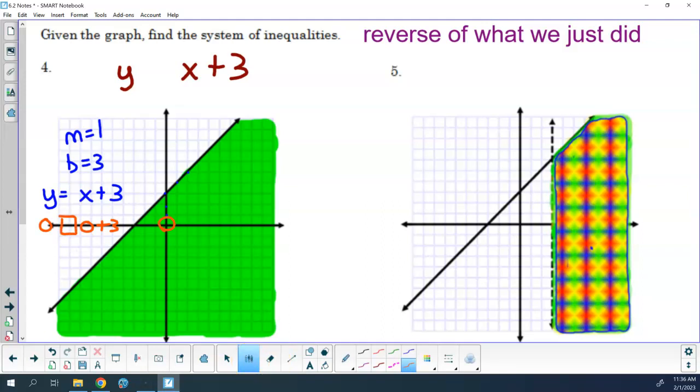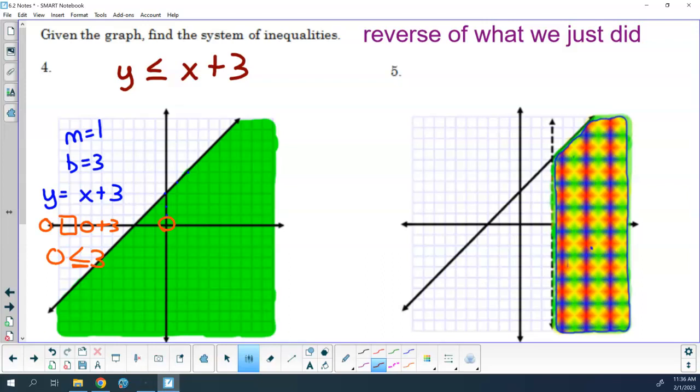Okay, 0 plus 3 is 3. I need this to be a true statement. So I need the alligator to eat the bigger part, but because the line is solid, we're going to go with less than or equals sign. So that would be my inequality for that particular graph.